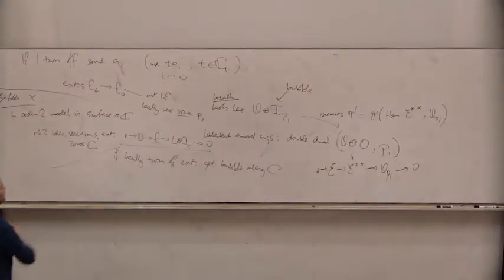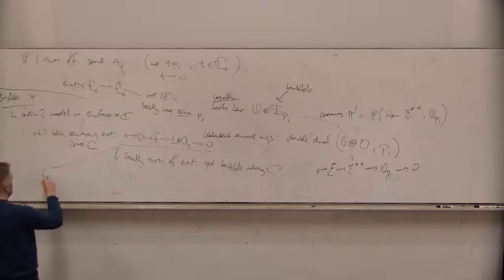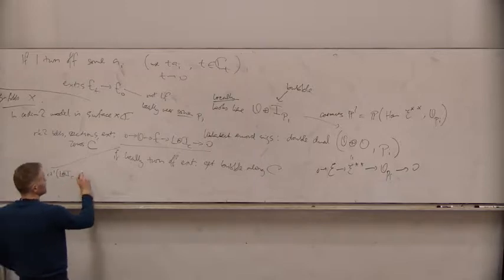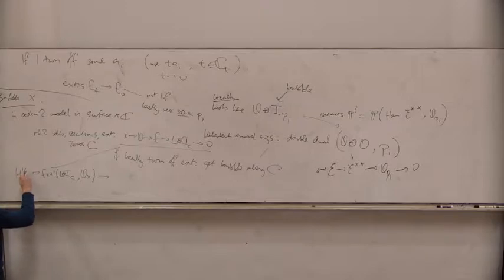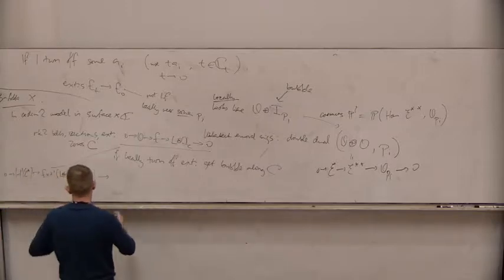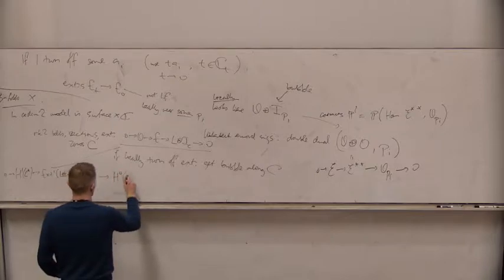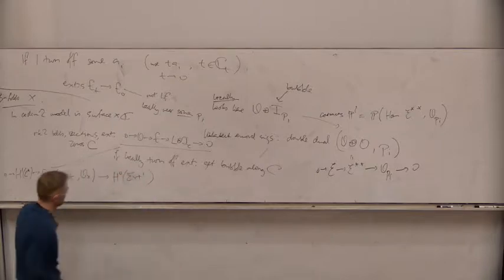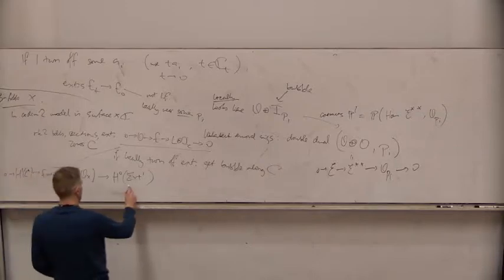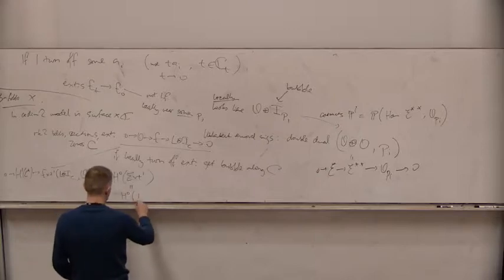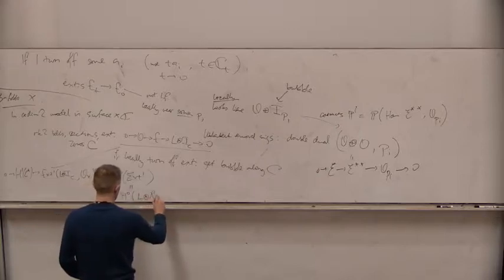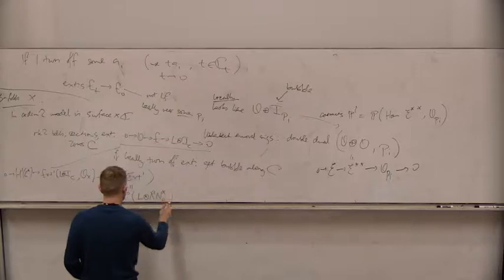So now, such extensions, remember, were governed by Ext^1(L tensor I_C, O_X), and these had this, so this was the local extensions, and this was sections along C of L tensor wedge 2 of the normal bundle to C dual.